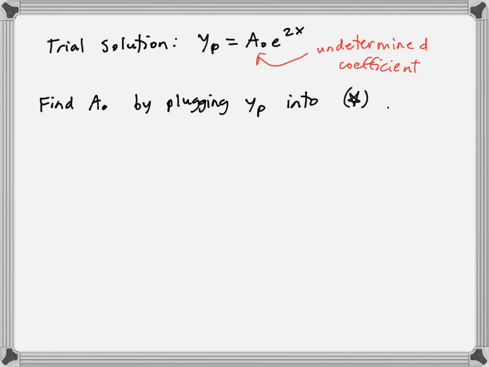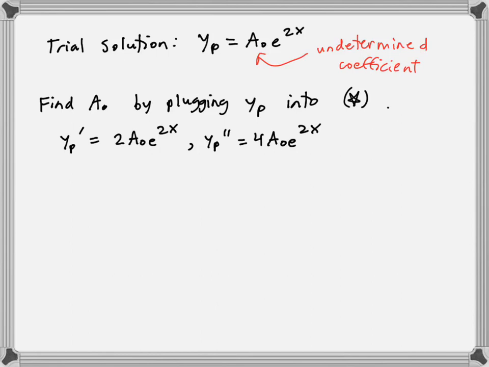We're going to plug it into star. Let me take some derivatives of that because we're going to need to plug it in, right? So what is yp prime equal to? It's 2a naught e to the 2x, right? And what is yp double prime equal to? If we take another derivative, we get 4a naught e to the 2x.